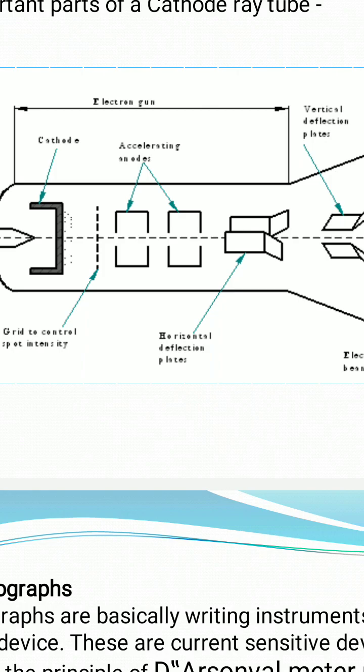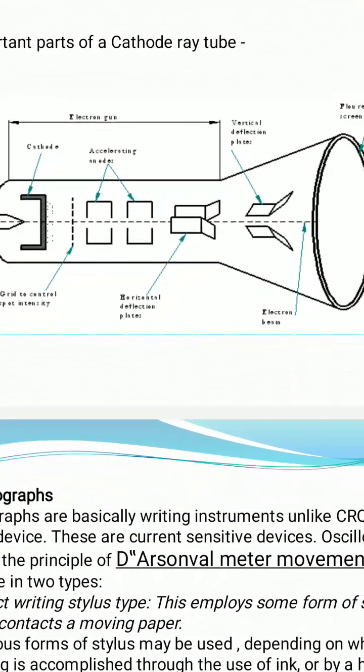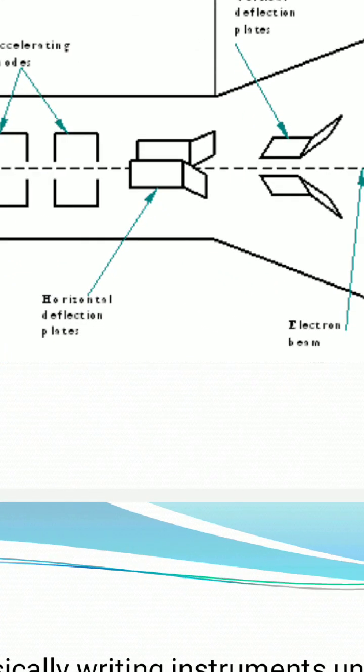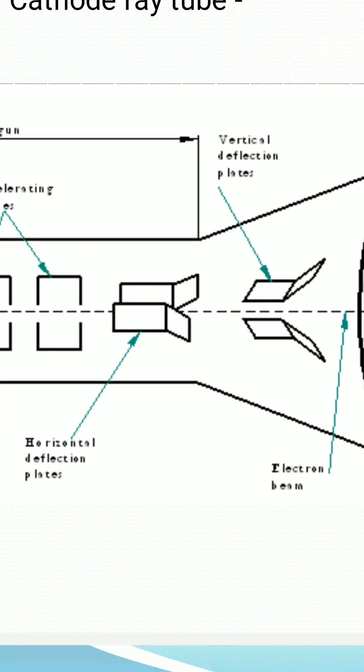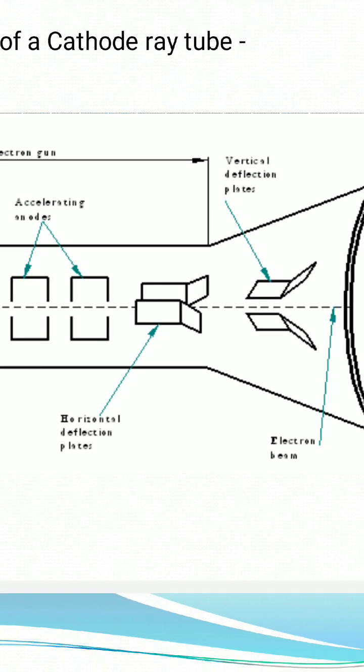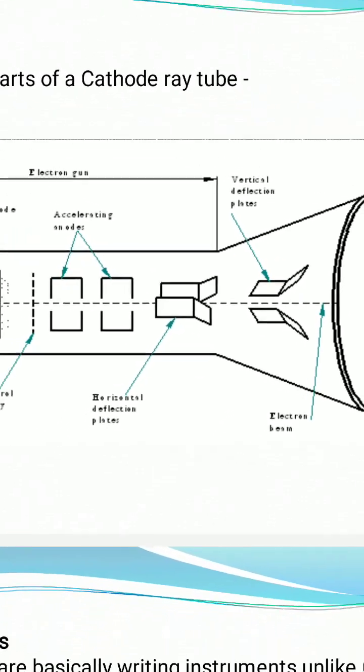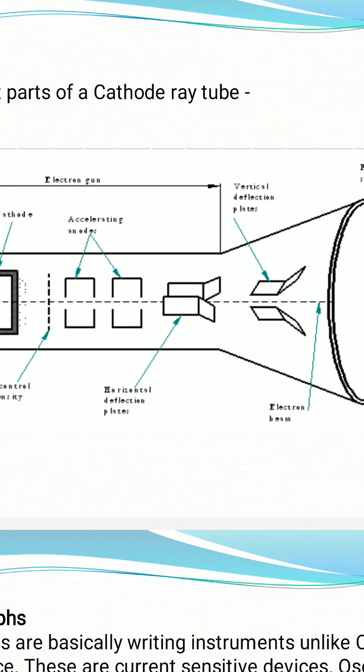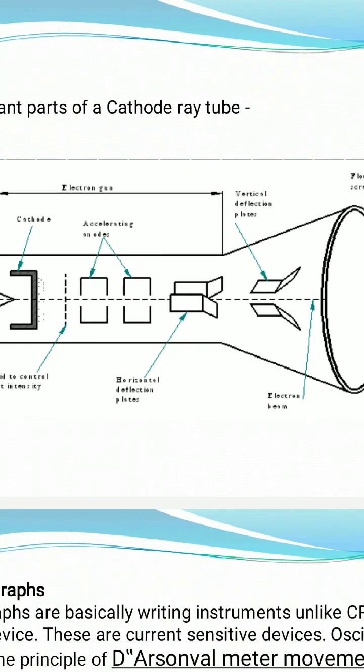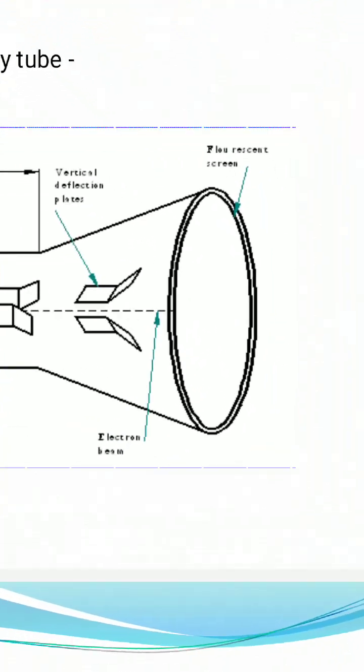The beam moves at a very high speed, then it passes through the horizontal and vertical deflection plates. There are four deflection plates, two horizontal and two vertical. The beam passes through the deflection plates and falls on the screen.